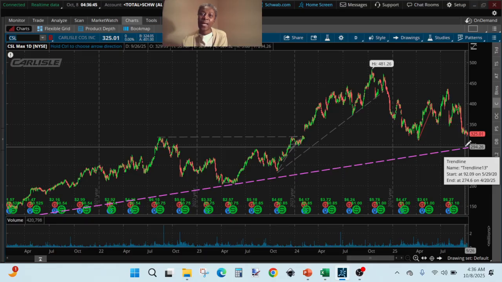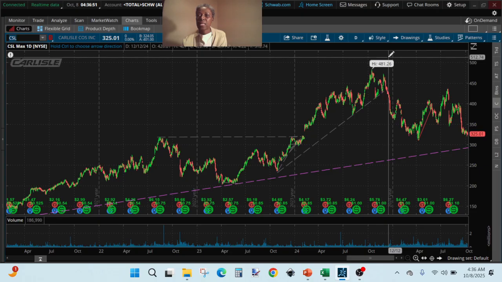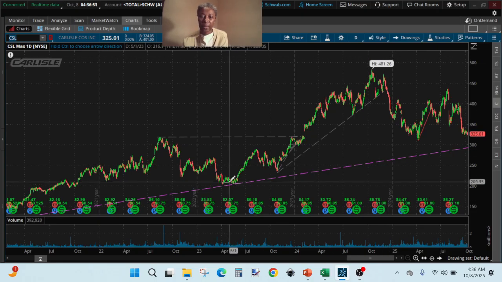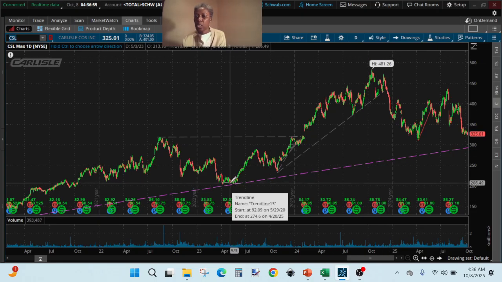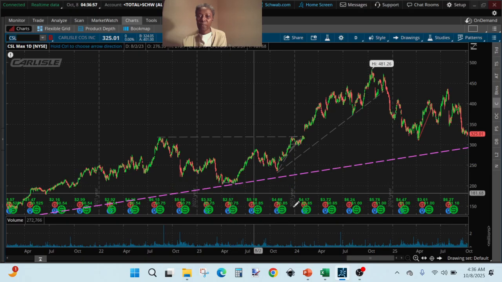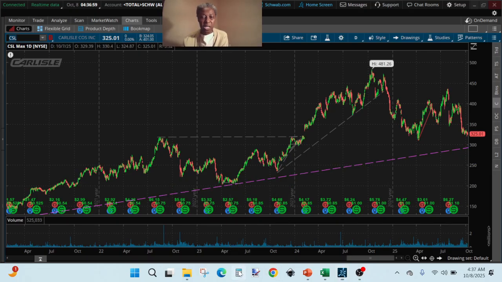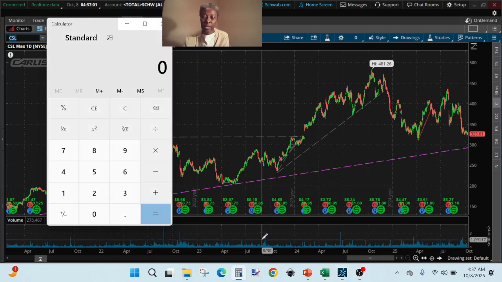You can set that price so that when you reach it, you will get out. In this instance, we have 481 as the last peak, and we have 207 as the previous support line that it touched.